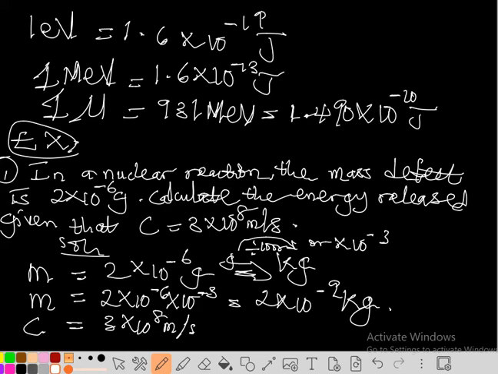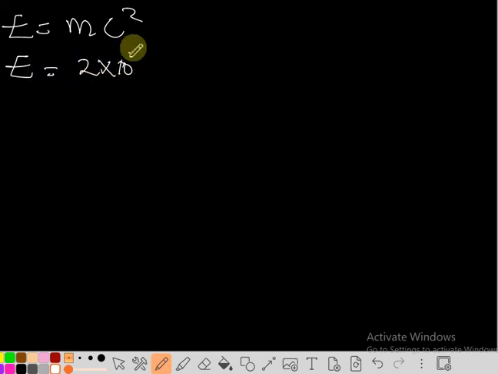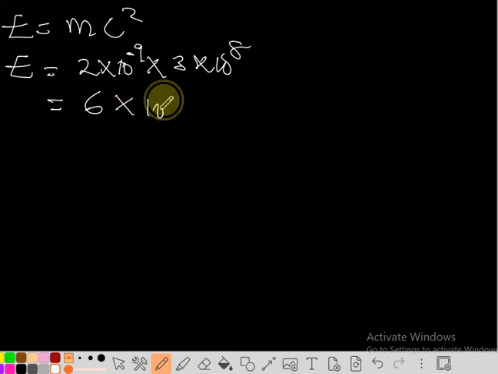Then we also calculate the energy. Energy, which is E, is given as mc squared. Therefore, E now will be m, which is 2 times 10 raised to the power minus 9, times C squared, which is 3 times 10 raised to the power 8, squared.